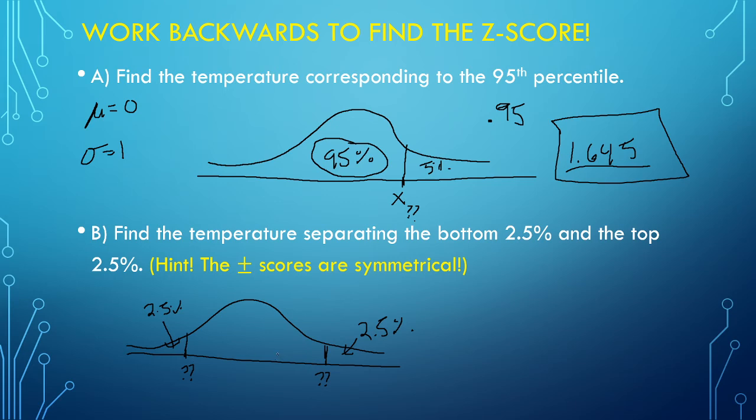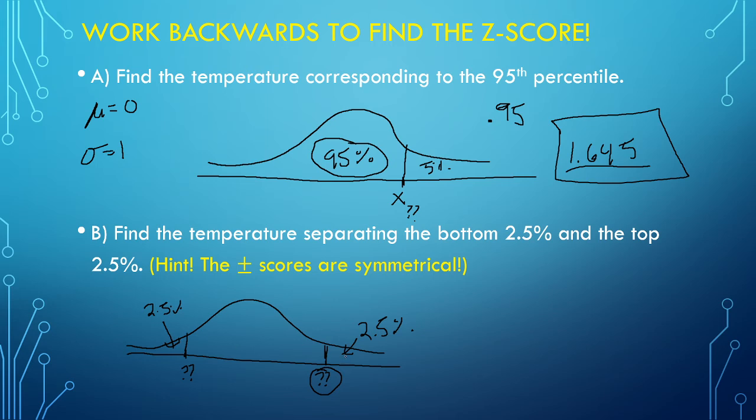Well, like before, I'm going to look up two different z-scores. I'm going to look up the z-score for the bottom 2.5%, and I'm going to look up the z-score for the top 2.5%. Here's the trick, though. For this value right here, remember, your table only gives you probabilities and percents for stuff that's less than a value.